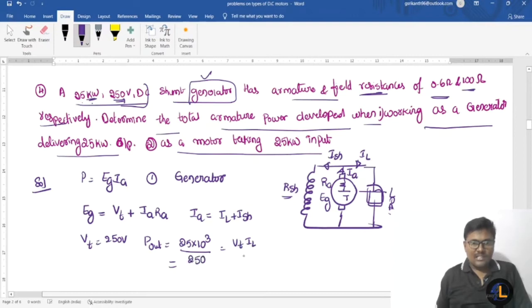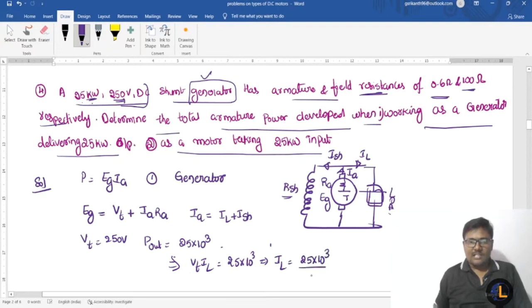Generally VT into IL, so divided by voltage. If you give the voltage, then I get the load current. So VT into IL is equal to 25 into 10 to the power of 3, and IL is equal to 25 into 10 to the power of 3 divided by 250.